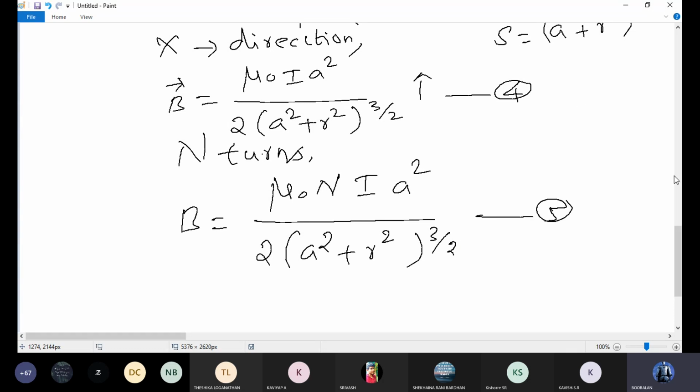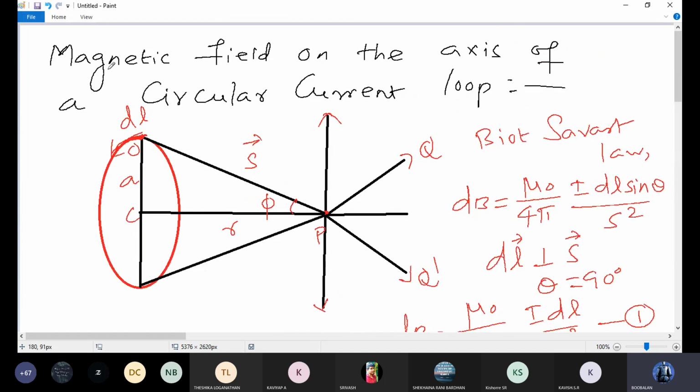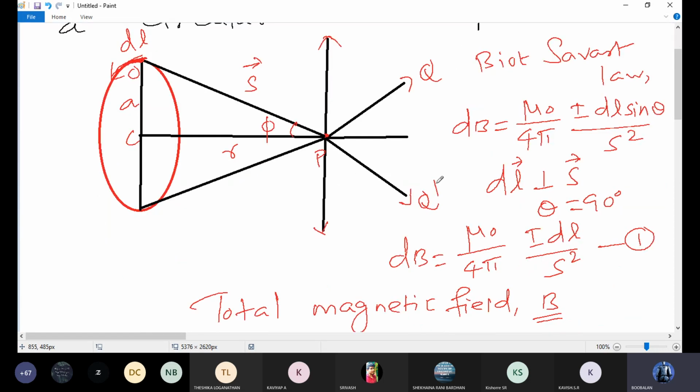Okay, now listen everyone. No need to copy, listen. Magnetic field on the axis of a circular current loop. Using the Biot-Savart law, you know very well about it. The formula: dB is directly proportional to the current, directly proportional to dl, directly proportional to sine theta, that is the angle, and inversely proportional to the square of the distance.